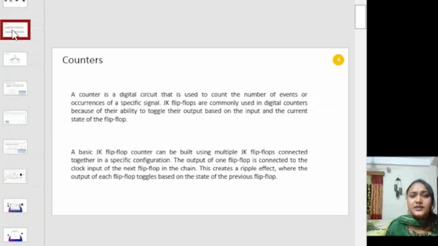We know a basic JK flip-flop counter can be built using multiple JK flip-flops connected together in a specific configuration, and the output of one flip-flop is connected to the clock input of the next flip-flop in the chain. This creates a ripple effect where the output of each flip-flop toggles based on the state of previous flip-flops. Let's move into the next slide.